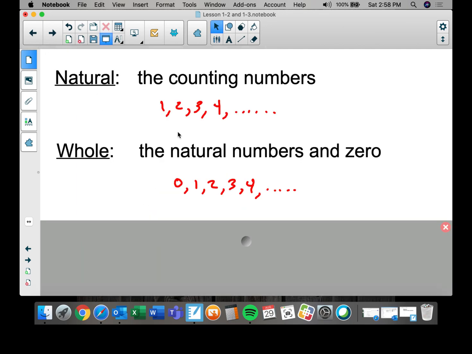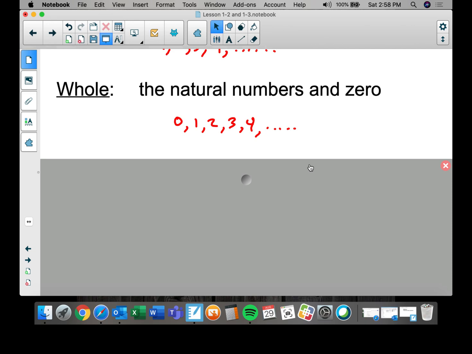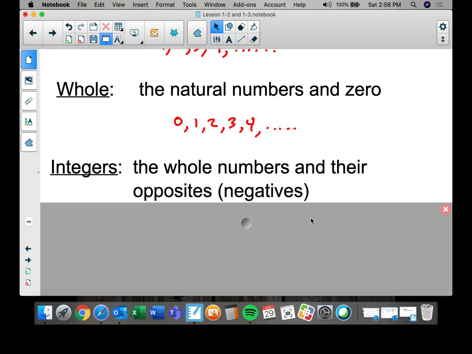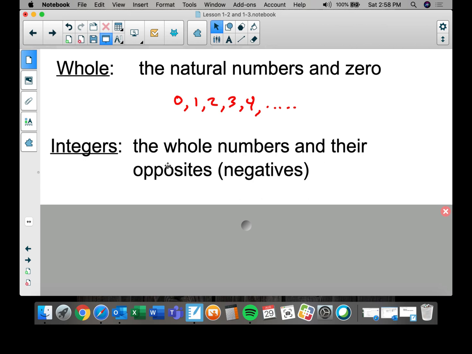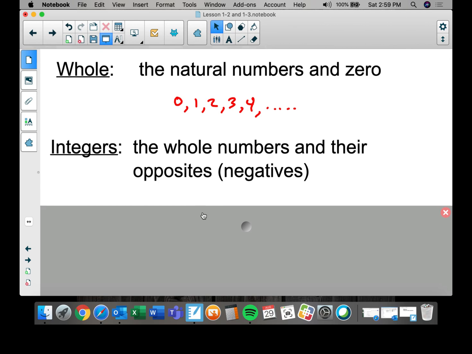Okay. If we keep going, the next set of numbers we're going to talk about are the integers. And the integers are those whole numbers and their opposites. So not only are we including 1, 2, 3, 4, we're also now including the negatives. So -1, -2, -3, -4. Those are your integers.